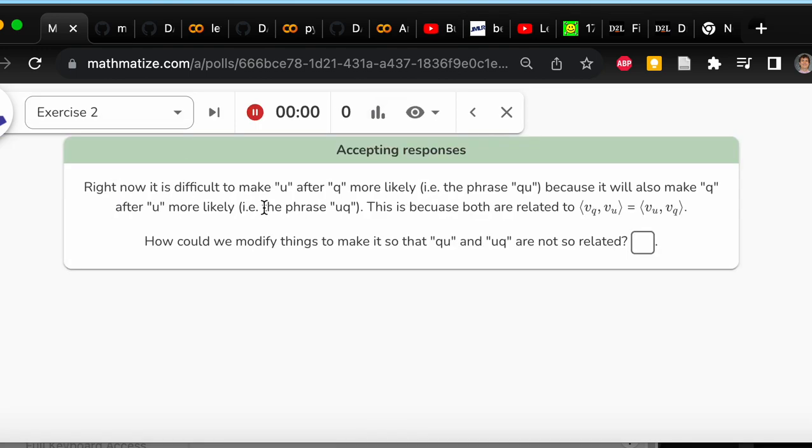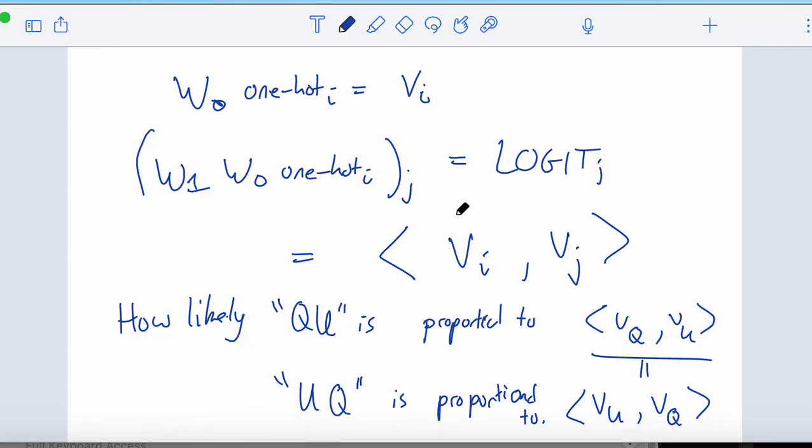A QU will also make a UQ, right? Because of this inner product thing. How could you modify things so that QU and UQ are not related? I want QU and UQ to be their own individual things so I could change the probabilities separately. And if you take what we did and how we got here, there's one simple thing you can do to make them different.